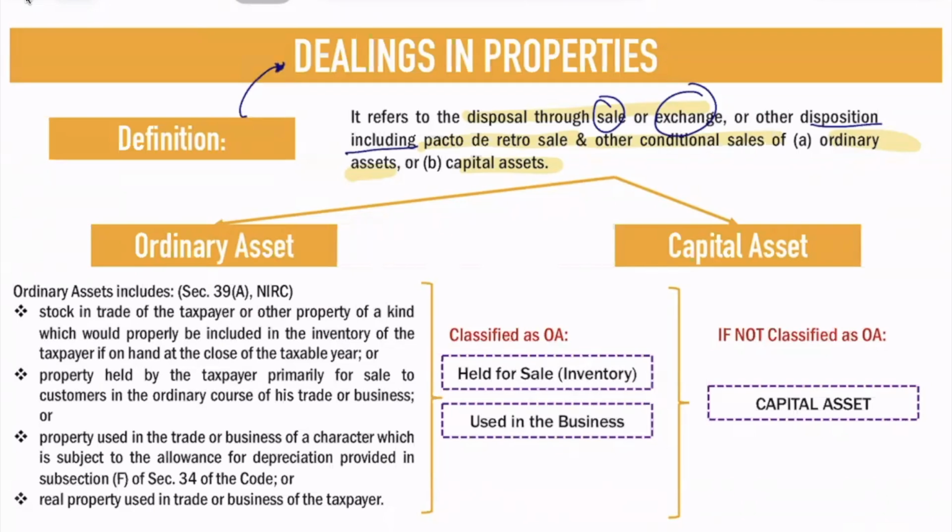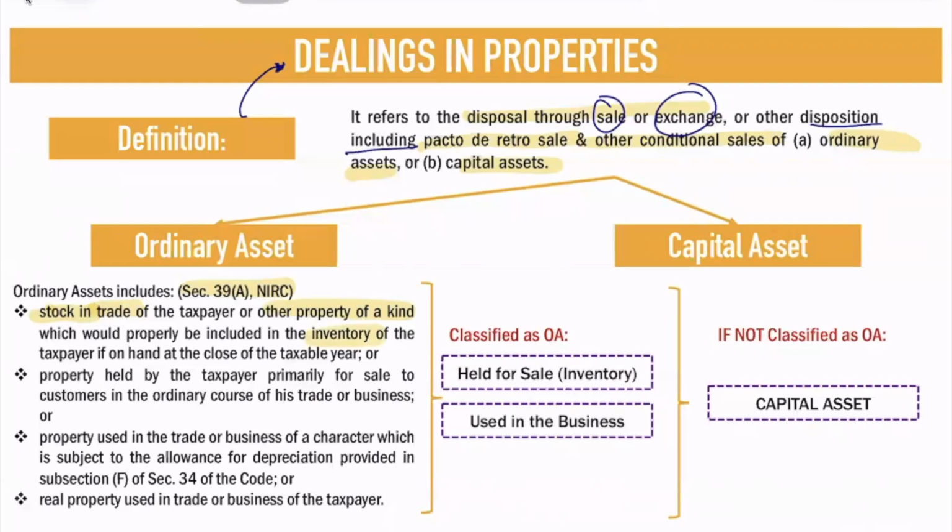So when can we classify it as an ordinary asset? We classify an asset as an ordinary asset pursuant to Section 39A of the NIRC. And what does Section 39A tell you? Section 39A tells you that stock in trade of the taxpayer or other property of a kind which would be properly included in the inventory is part of your ordinary asset.